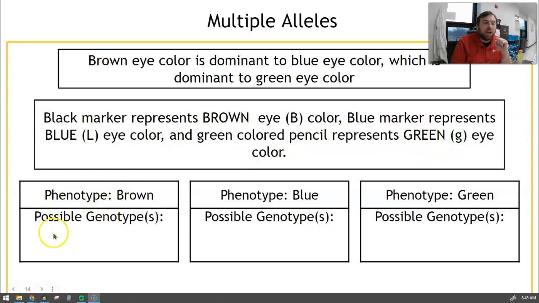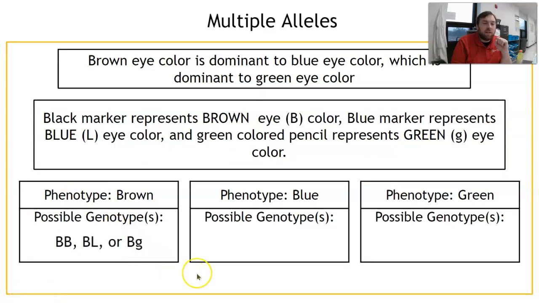So if an individual has brown eyes, then they have to have the dominant brown allele at least once. But the second allele could be any of the other letters, right? Because if I have a combination of capital B, that's automatically going to be brown eyes. If I have a capital B and capital L, we know that the capital B is actually dominant to the L, and therefore this masks that one there.